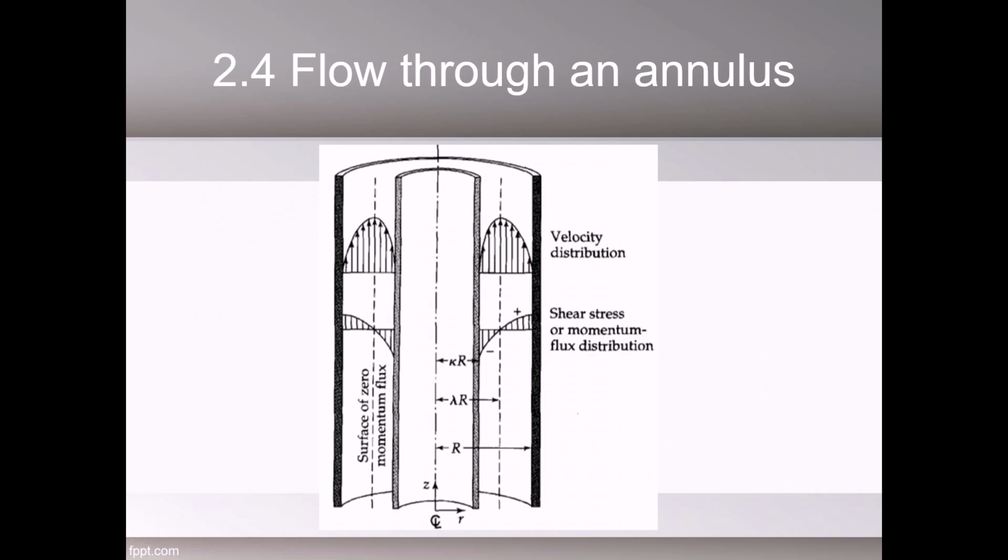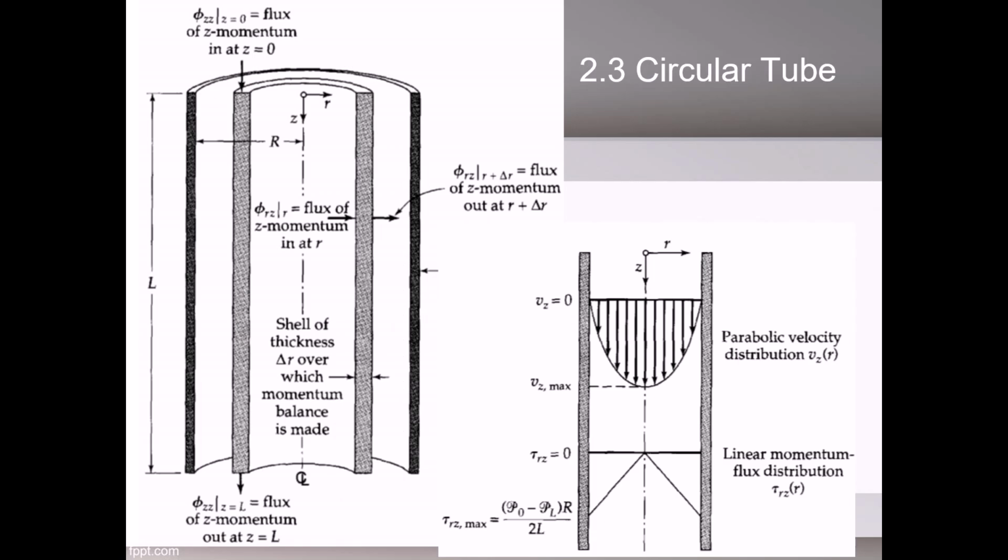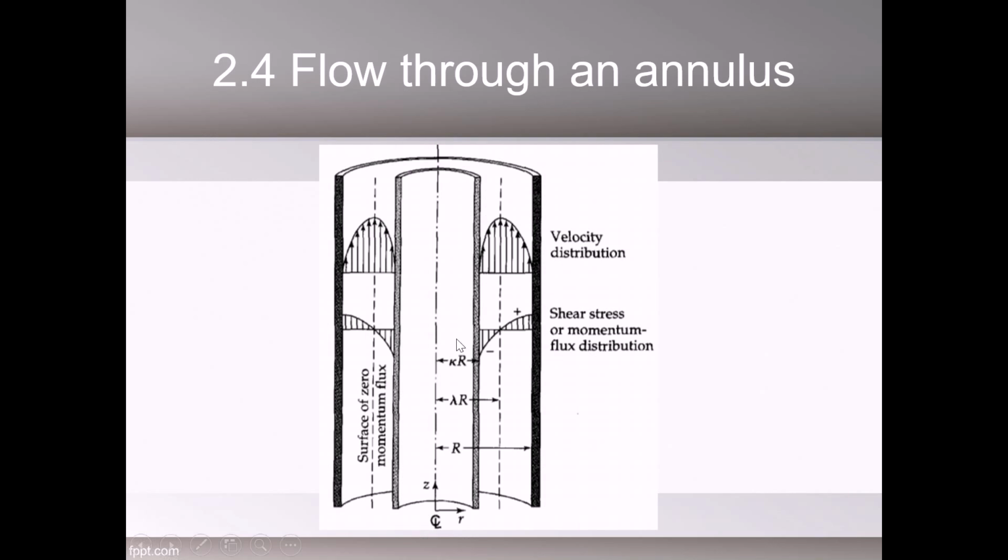Let me say again. From the previous balance, we know the shear stress has its force direction and also its direction of transfer. Here, if we want to see the fluid to the wall, for this part, it is in the positive r direction. But for this one, it's in the opposite direction. So that's why you have the negative sign.